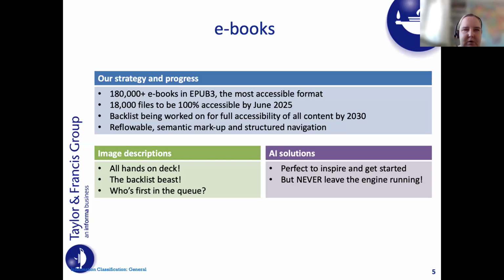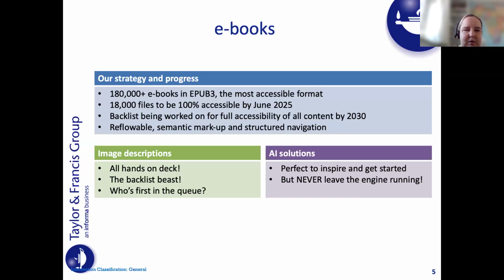Who's first in the queue? That's a question that comes up a lot when it comes to, well, what do we describe first? For us at T&F, we think it's important to not only start with the most popular titles, but to ensure we have the most popular titles across a vast variety of our subjects, so as not to accidentally omit important work.